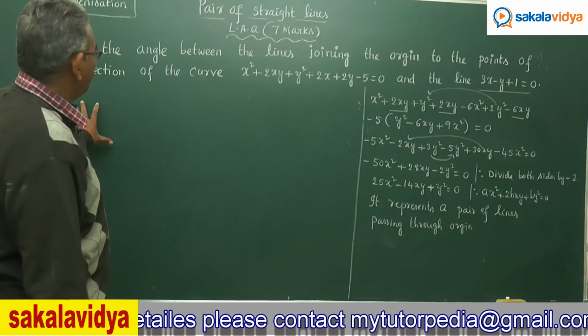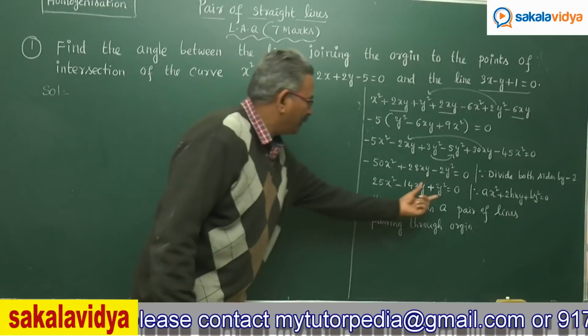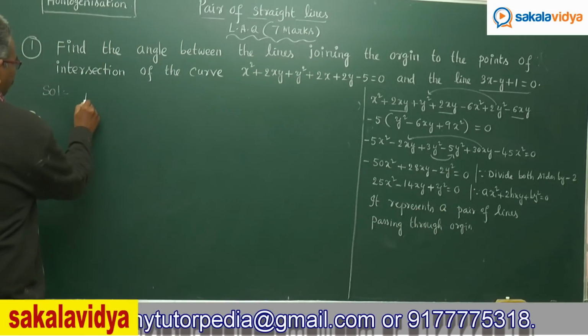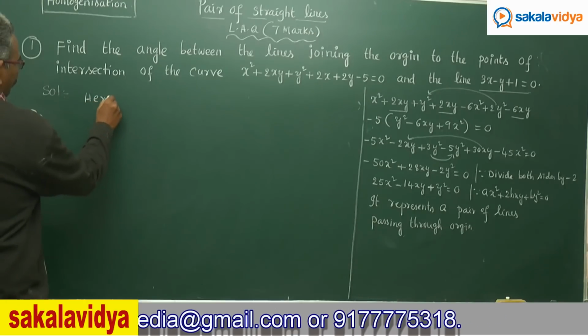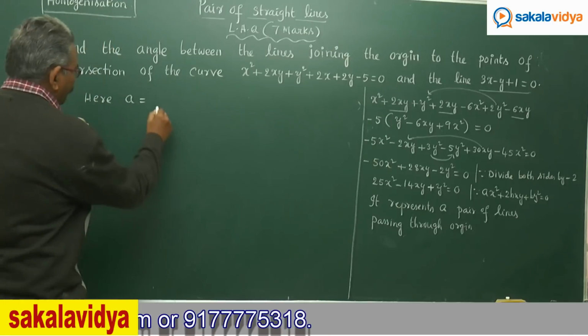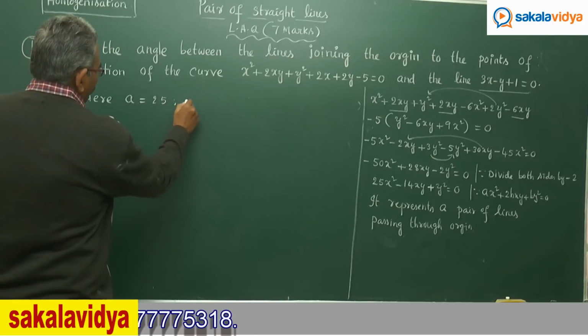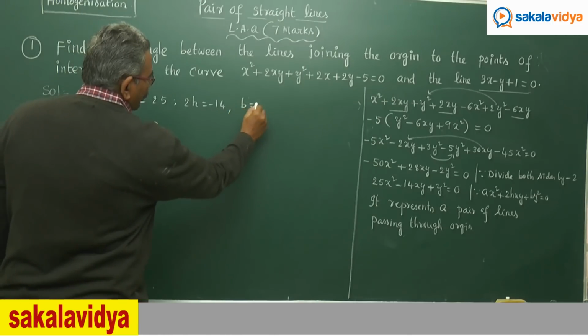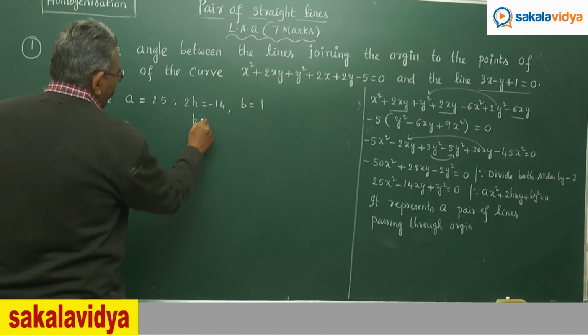So now we need to find out the angle between the pair of lines. So that means here A is 25, 2h is minus 14, whereas B is 1, h equals minus 7.